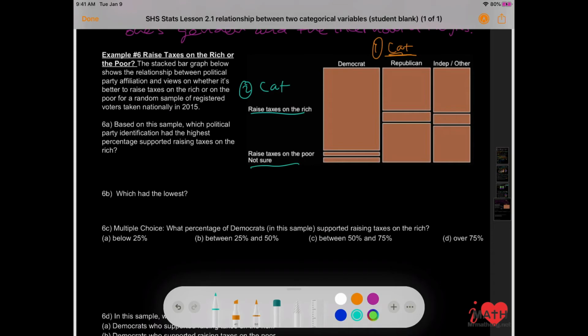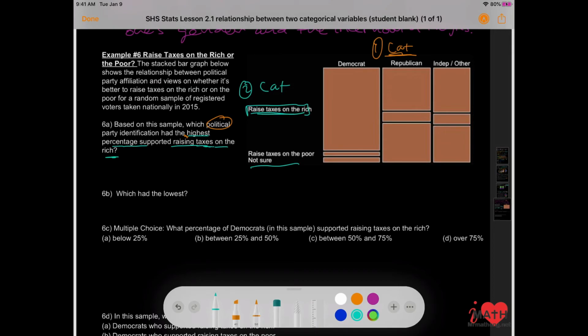Based on this sample, which political party had the highest percentage supporting raising taxes on the rich? So that would be this one.